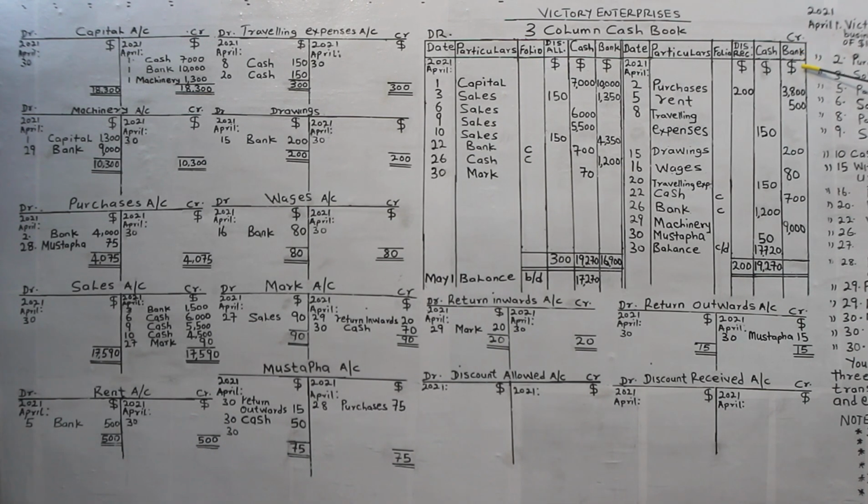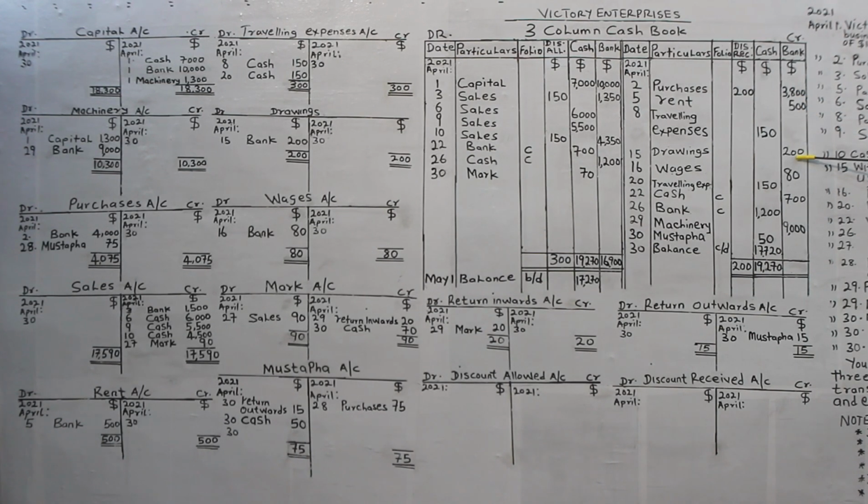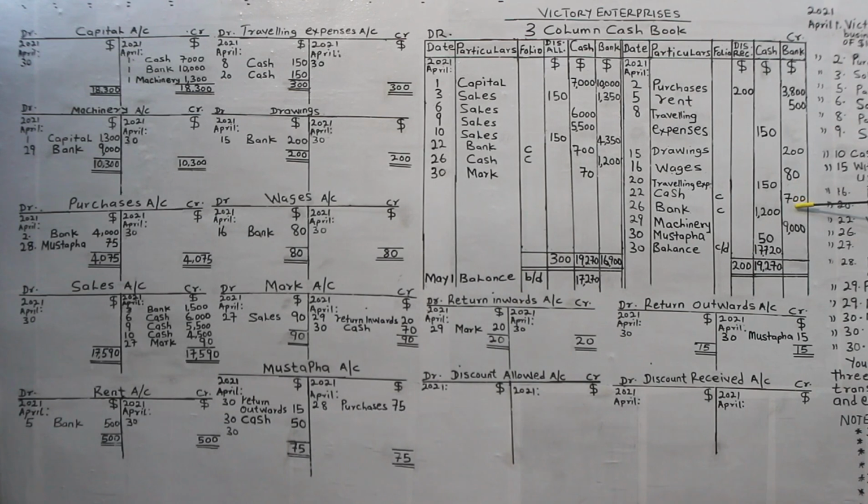Now, to calculate the amount spent through the bank, we have 3,800 plus 500 plus 200 plus 80 plus 700 plus 9,000. That gives us 14,220.